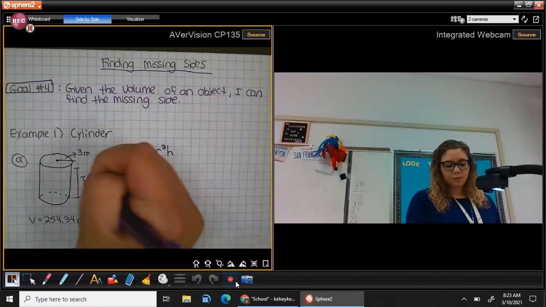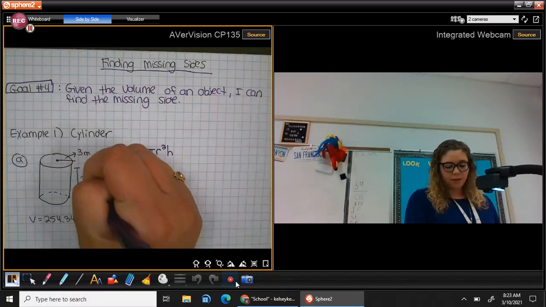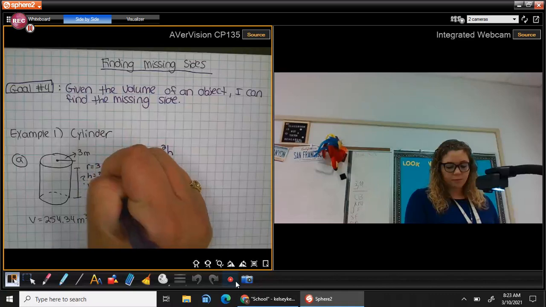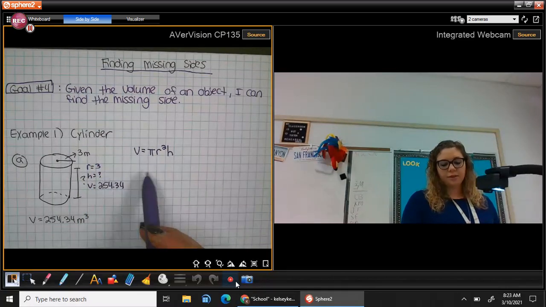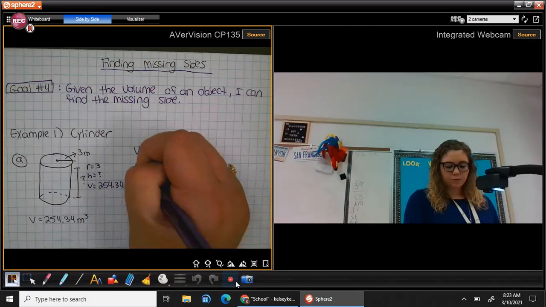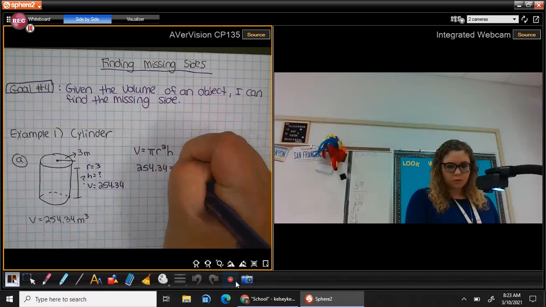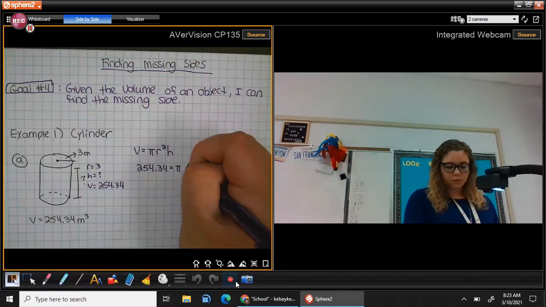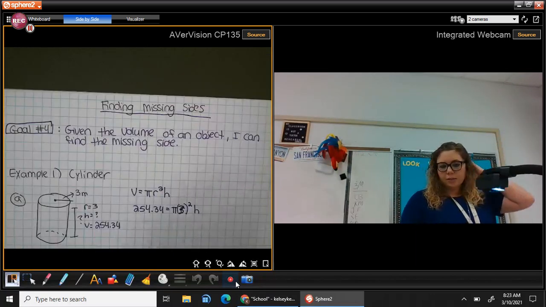Okay, so my r is 3. We don't know my h, but my V is 254.34. So we're going to plug these values into this equation. And our radius is 3, and we're trying to find my h.